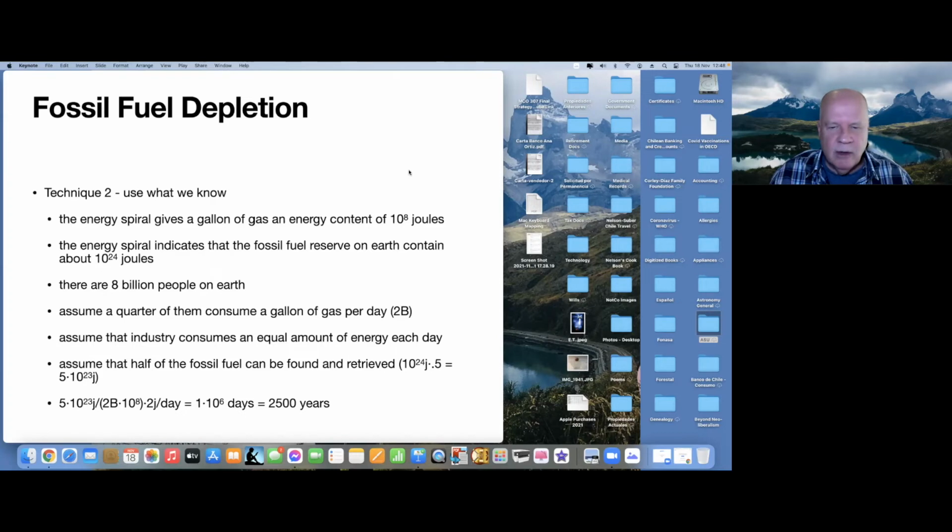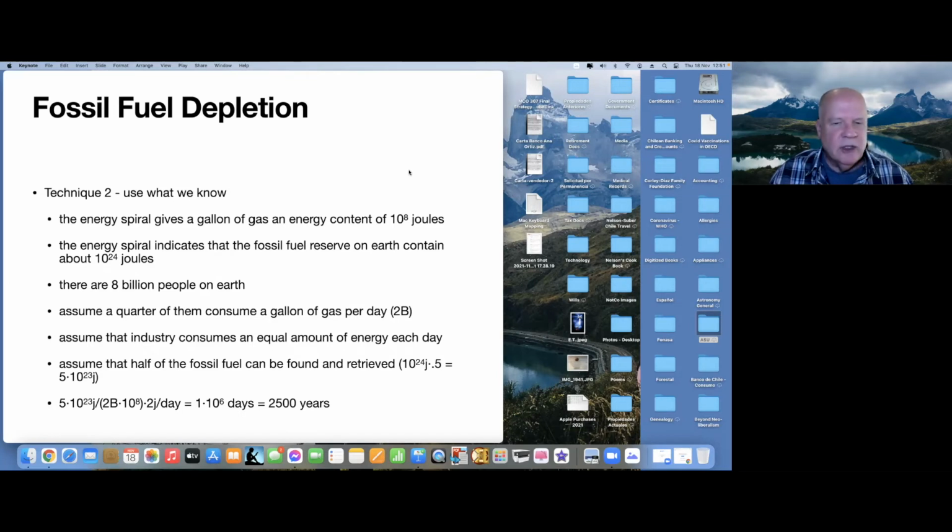Fracking, of course, came along a few years ago and created a new stream of fossil fuel, but we can't count on that constantly. So if we assume that we can get half of it out, then that's half of the 10^24, or 5 times 10^23 joules that we have available to us somewhere underneath the ground.